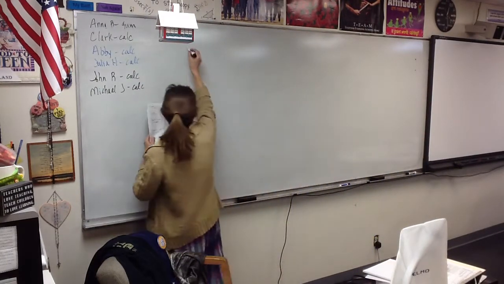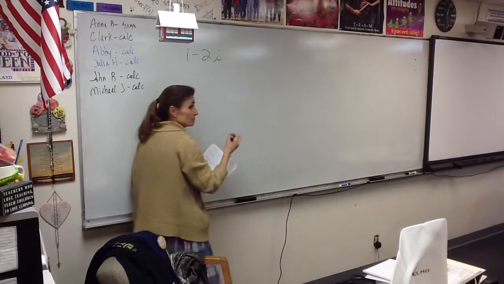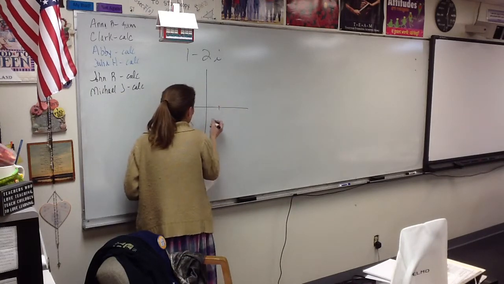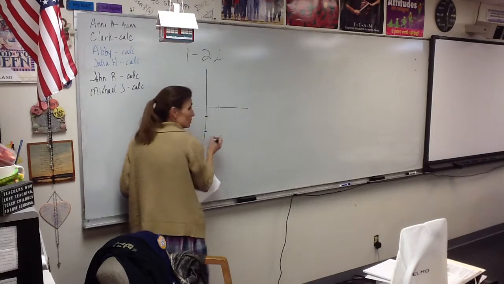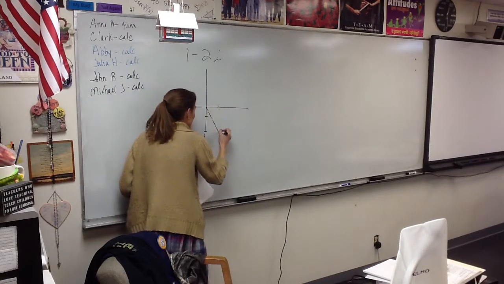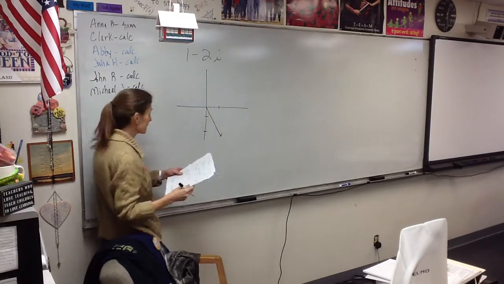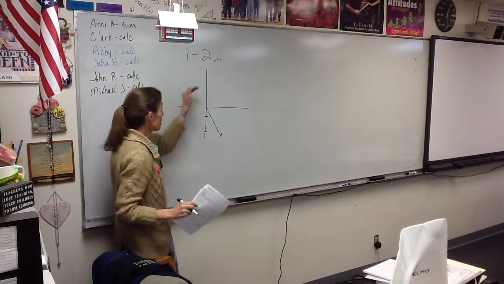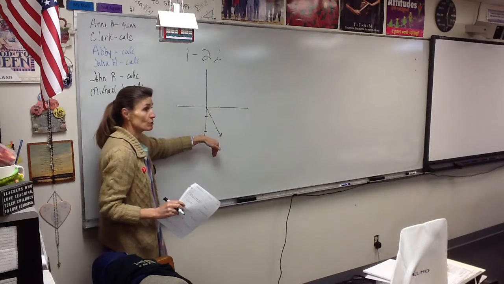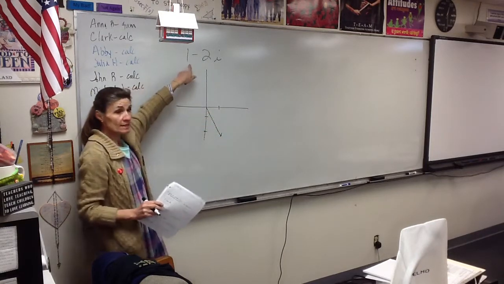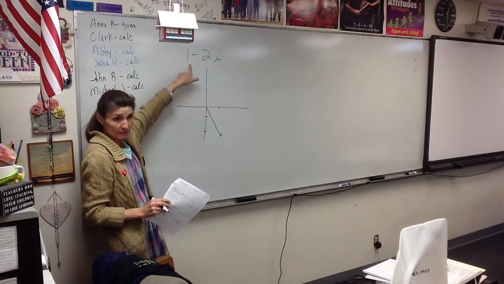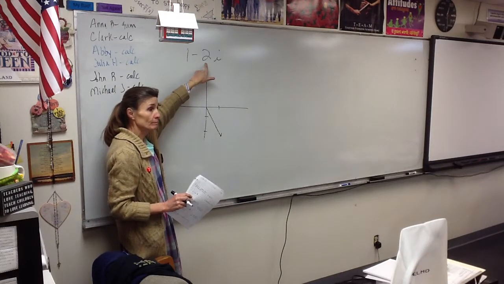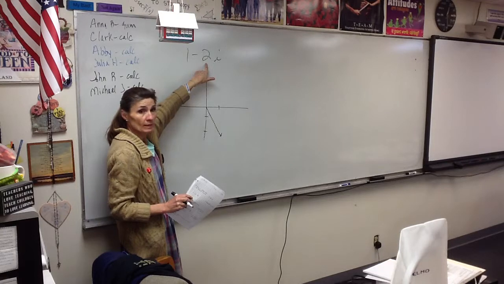If I wanna plot 1 minus 2i, I just count over 1, down 2, and connect that point to the origin. Make a little vector there. That's 1, negative 2. So in other words, this acts like the x, and this acts like the y.